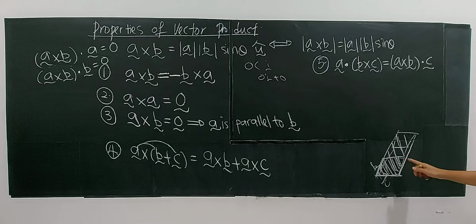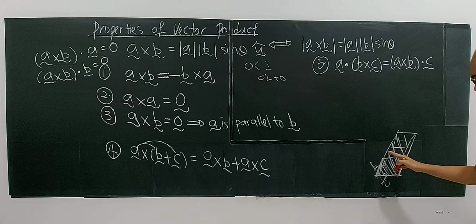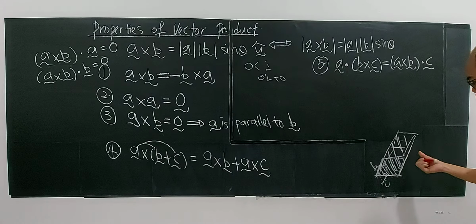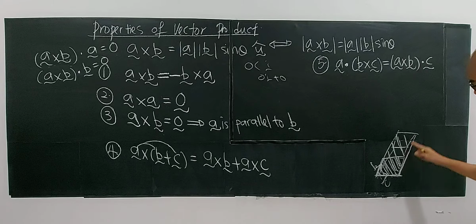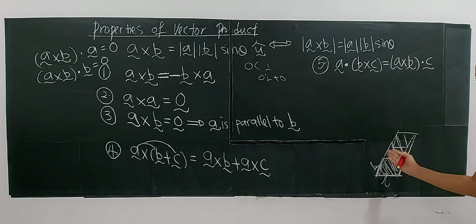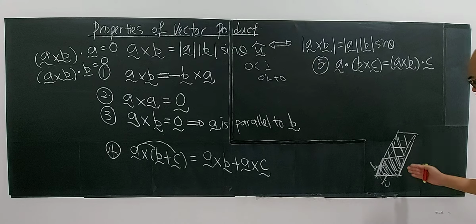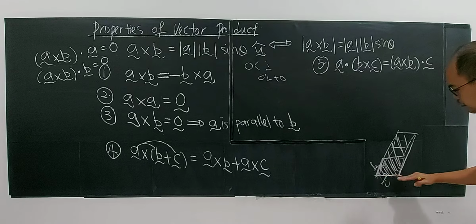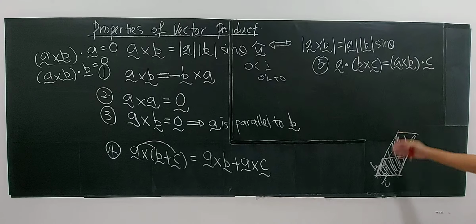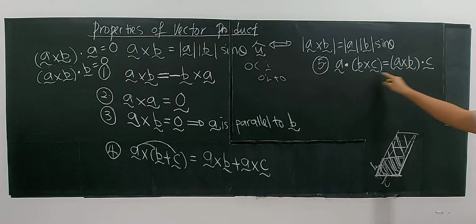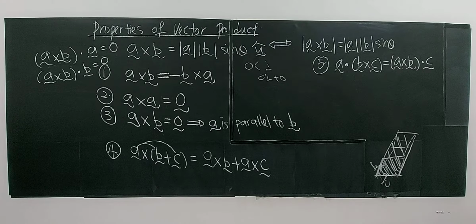You can try to read more in any website or books. If you take this side and this side, this is also a parallelogram. So if you take A cross B, this becomes your height, so you are still getting the volume of the parallelepiped. These two are always valid.